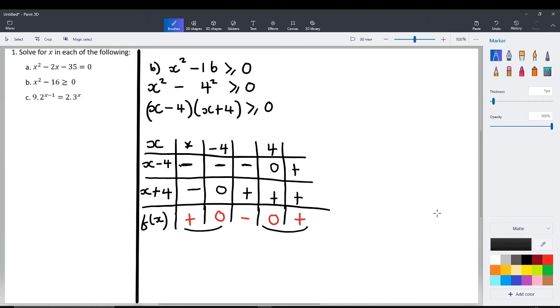So it means my value of x will range from negative infinity to minus 4, because this is where it's positive and 0. And we'll also consider values from 4 going to positive infinity.